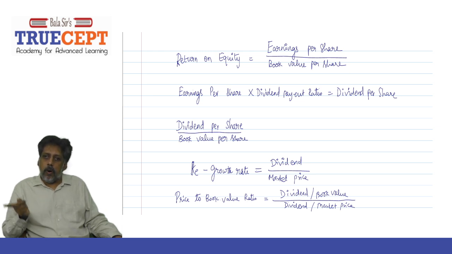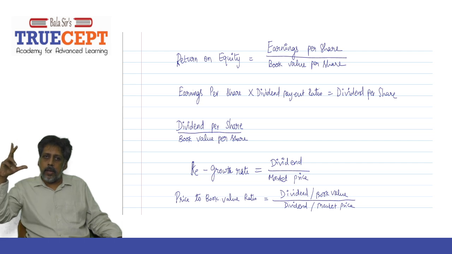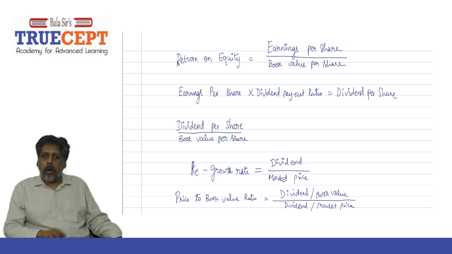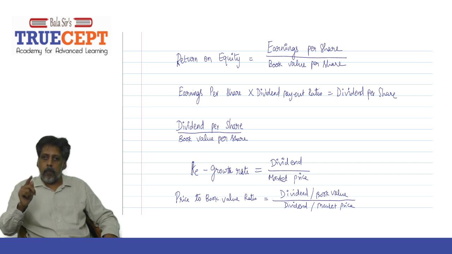Now you also know this very popular equation. We use cost of equity minus growth rate, which is the dividend by market price. Or you also learn in a lot of chapters that P naught is equal to D1 divided by KE minus G. It's a very popular equation.